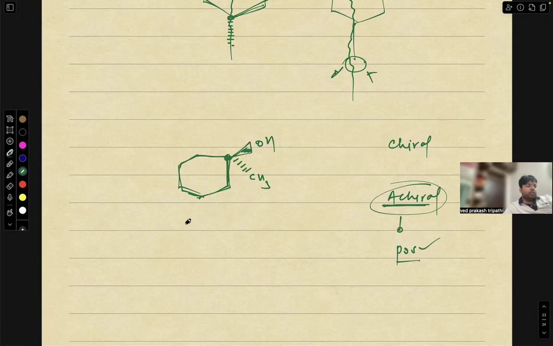Okay. What about this one? So again, first thing is to figure out the number of chiral centers here. And yes, we have two chiral centers, and I told you how to find the chiral center in a ring. Okay. I have discussed this already. Now, second thing is that if they have two chiral centers, do they have a plane of symmetry, yes or no?